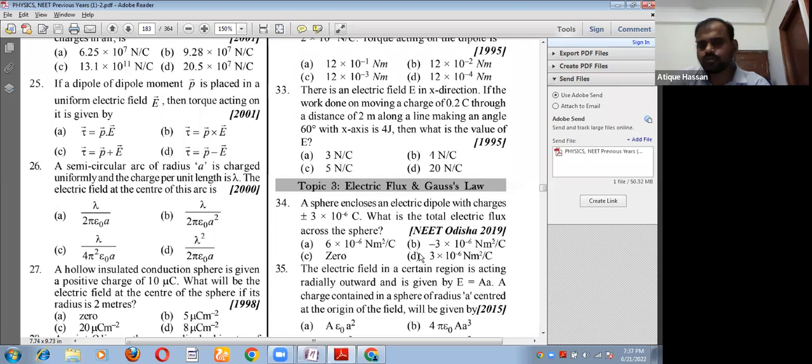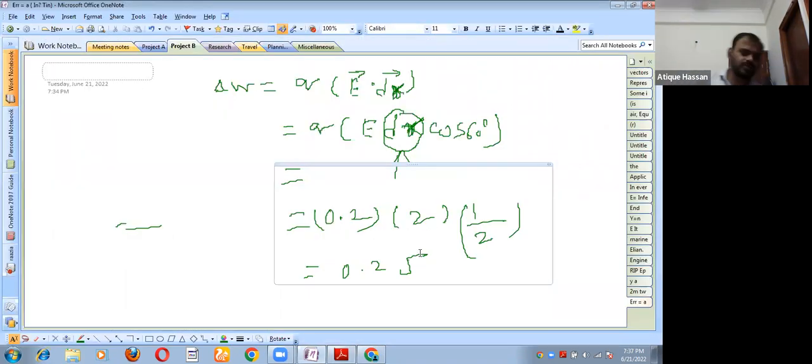If the work done on moving the charge 2 coulomb along a line making this angle is given, then we have to find the electric field value. So okay. Here we don't know the electric field, right? We also have to put the electric field. This is not your final answer, since we have to find the electric field.